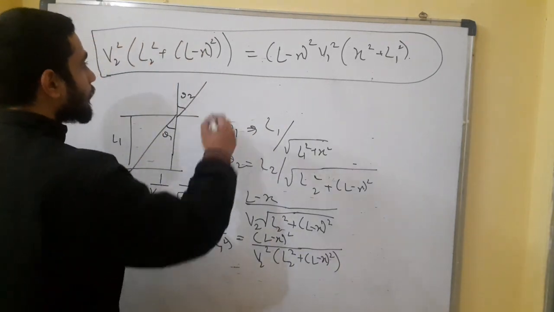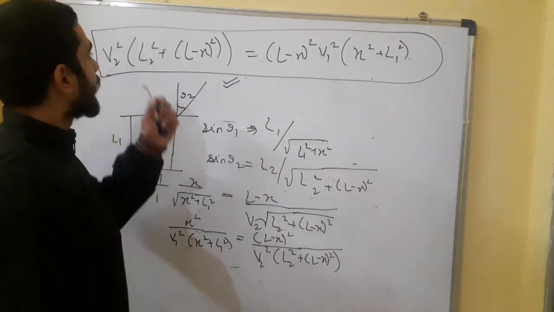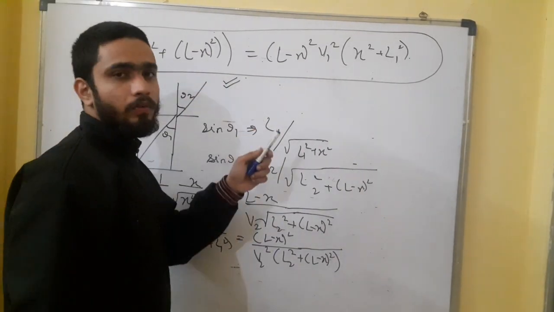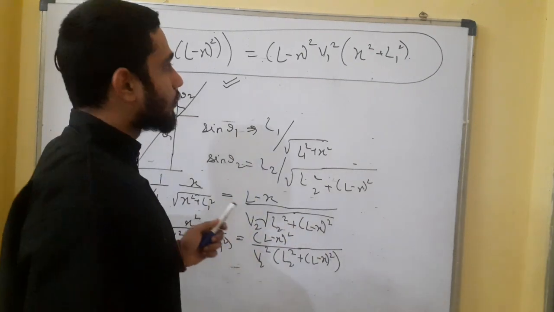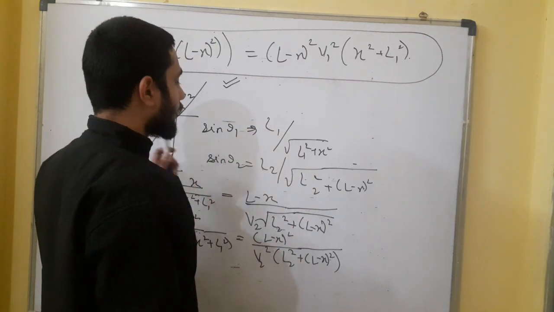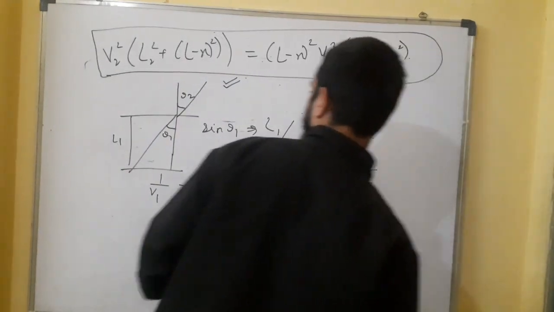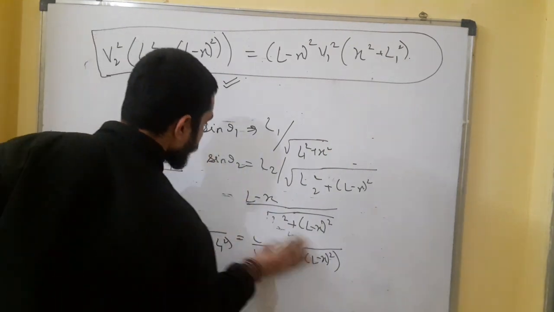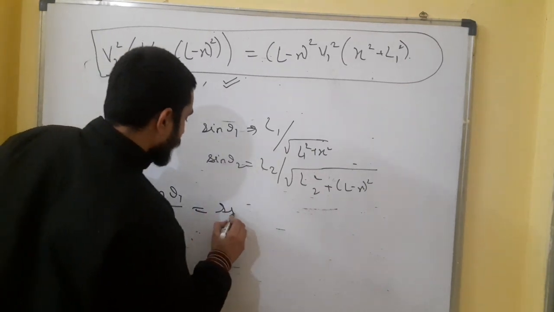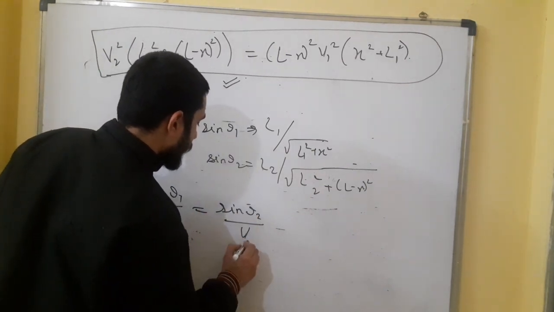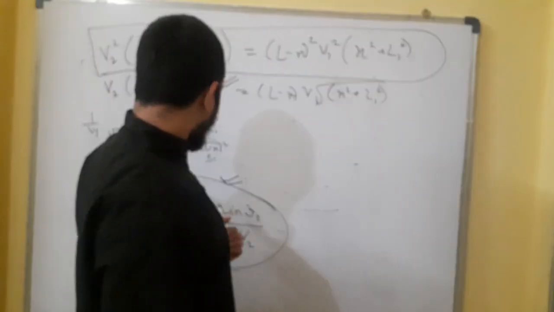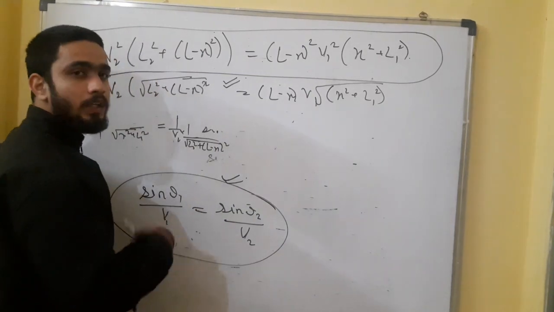Multiplying further will not simplify it. So we include the angles: sin theta 1 upon v1 equals sin theta 2 upon v2. So with the help of Fermat's law, we have found this relation of Snell's law.